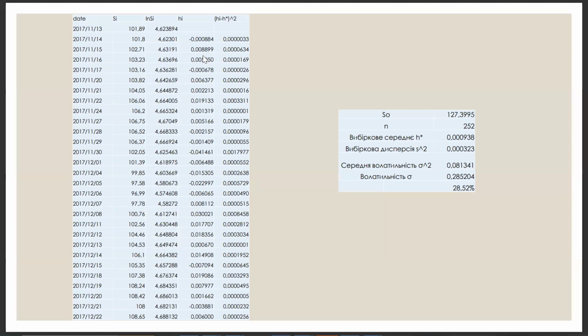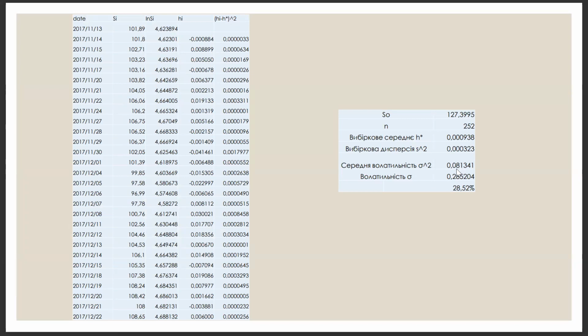After that we find for this series the mean and variance. So it will be 0.081 and so on. But it is volatility per day.